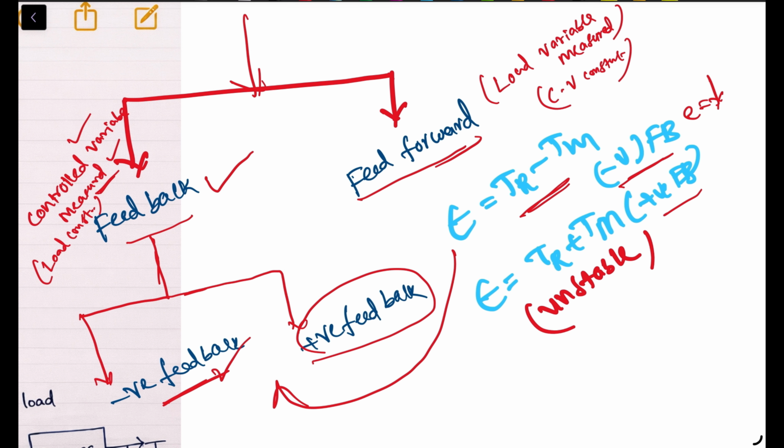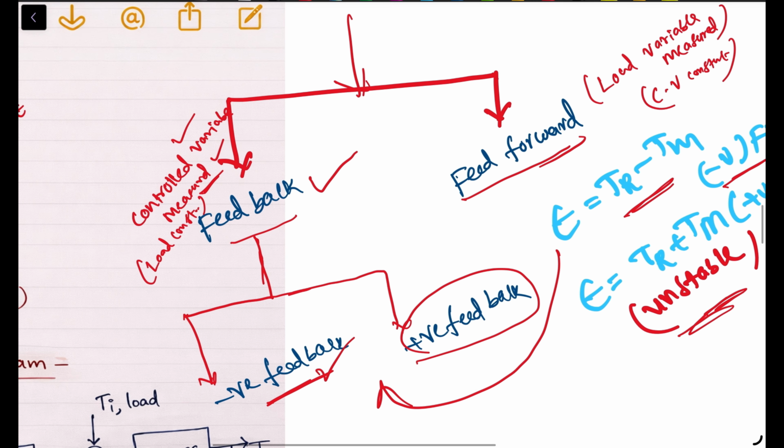Positive feedback generally makes the system unstable because instead of correcting the deviation, it increases the deviation. So in practical control systems, negative feedback is widely used. Remember always, it's very, very important.